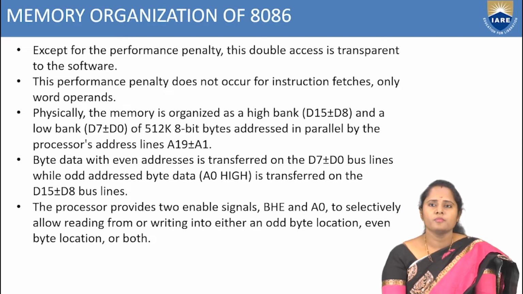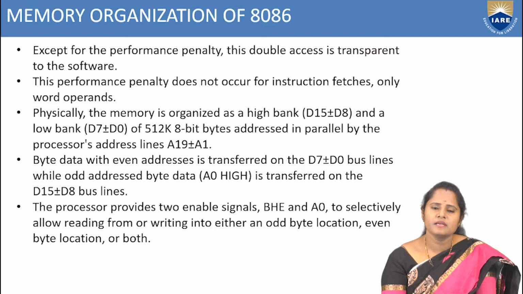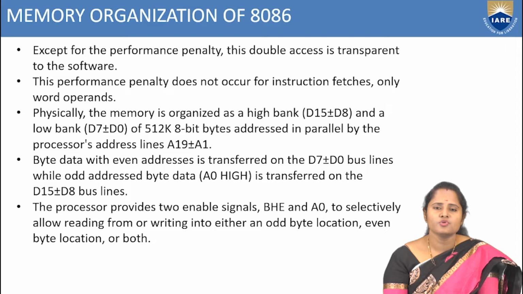Except for the performance penalty, the doubled access is transparent to the software. So you are dividing our memory in two ways, one physical and another logical. In the physical case, you are dividing our memory into an even bank and an odd bank. And in the logical case, you are dividing the memory into a number of segments.